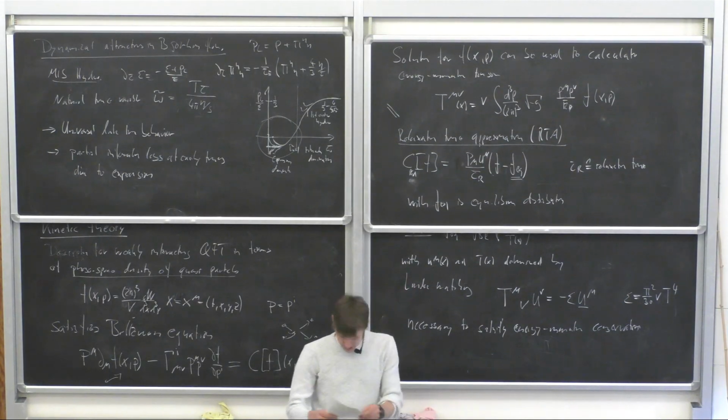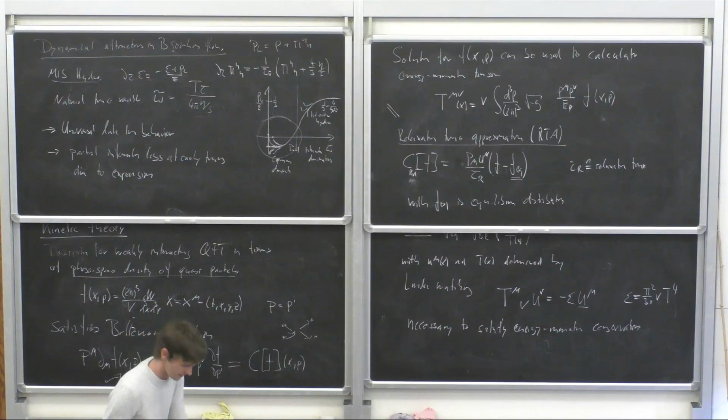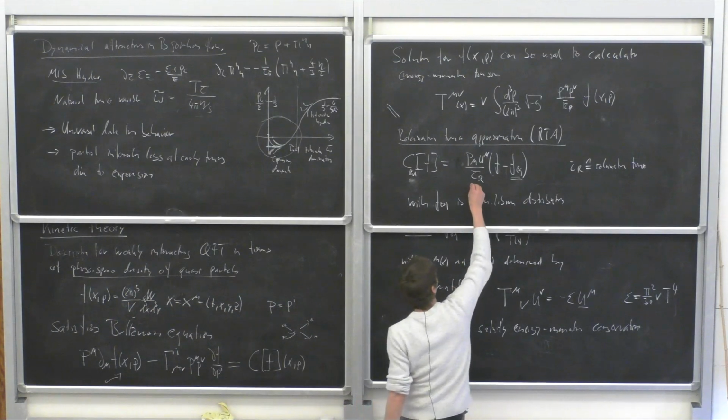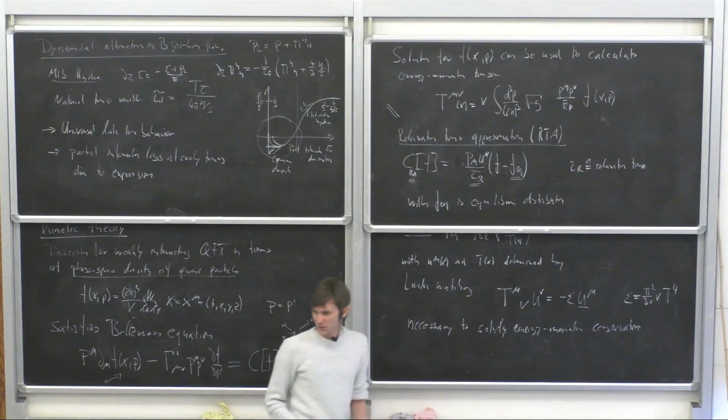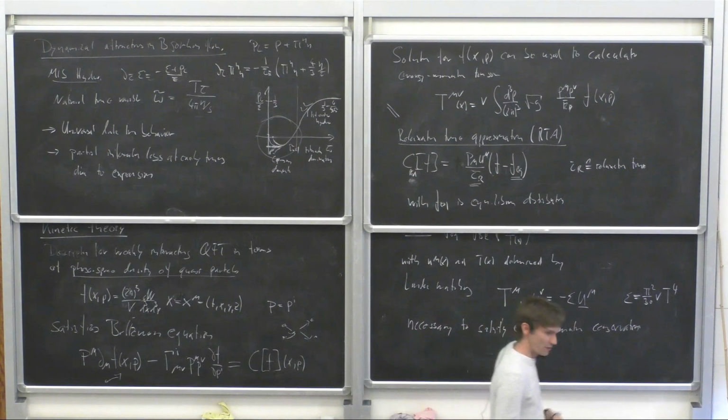Now the other thing that we should talk about a little bit more is the role of this relaxation time. Between this and the lattice result, well, that's what I said, right?